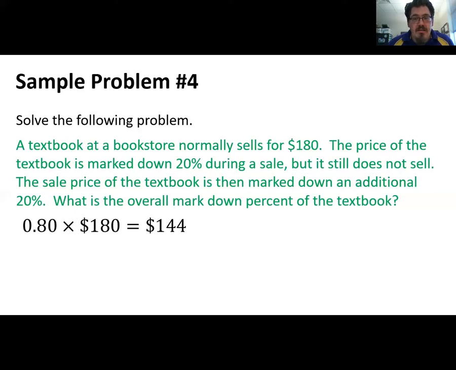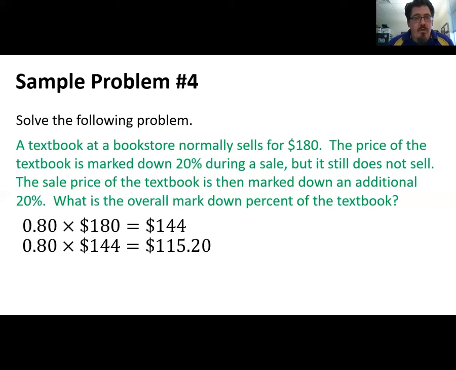Okay, again, it didn't sell. So when they go to mark it down a second time, because it's another 20%, we're going to do 80% or 0.8 again. But this time we are multiplying by 144. We're doing 80% of the sale price to get the new sale price. So when all is said and done, they are actually selling the book for $115.20.